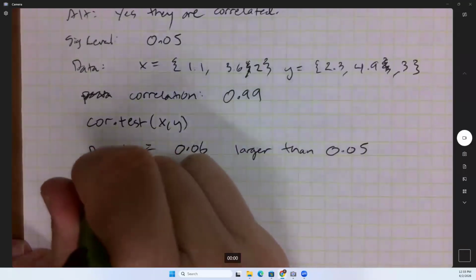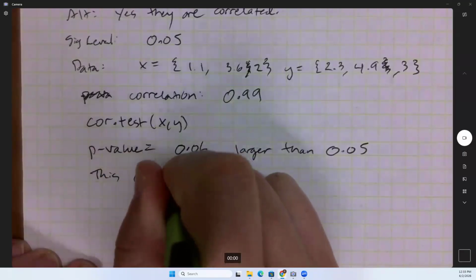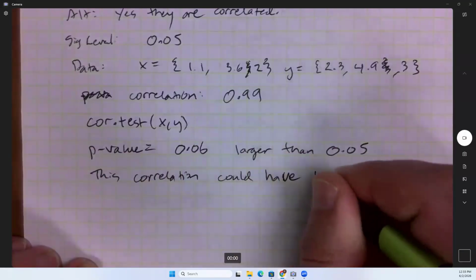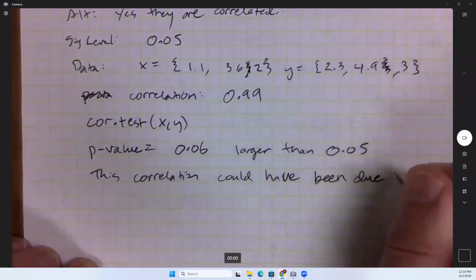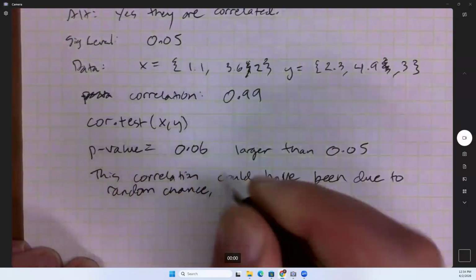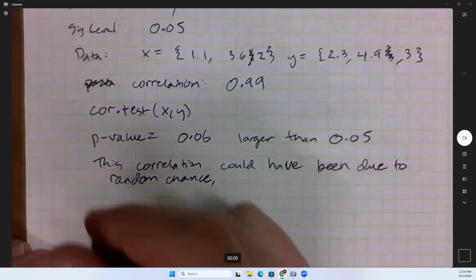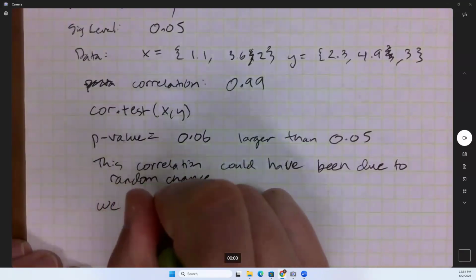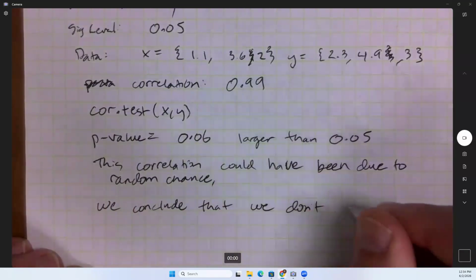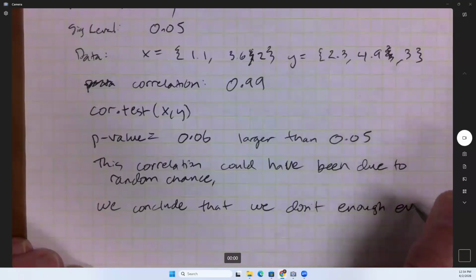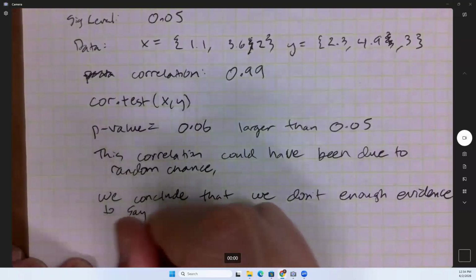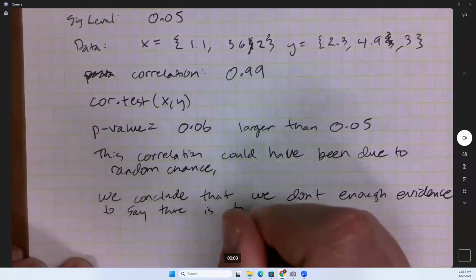And that tells us that this correlation that we calculated could have been due to random chance, and we failed to reject the null hypothesis. We conclude that we don't have enough evidence because we didn't collect enough data. We don't have enough evidence to say there is truly a correlation.